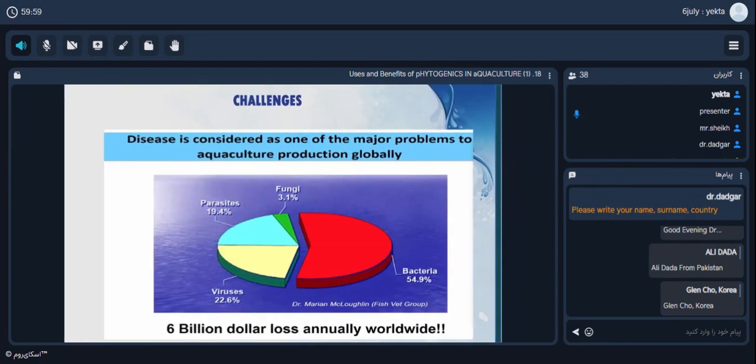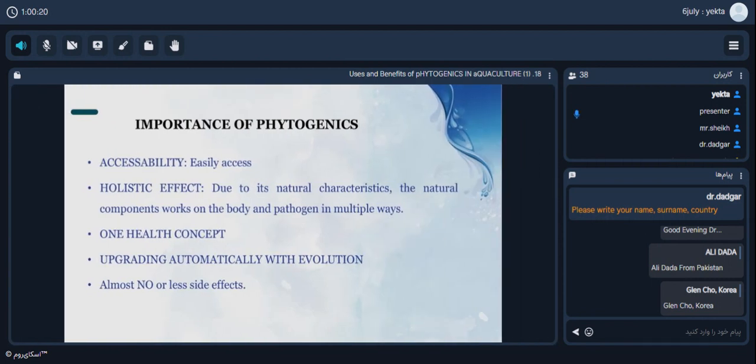The challenge, which I believe is most challenging, is disease. If you look at bacteria only, it covers almost 55% of the total disease, and virus about 23%, and the rest. And the loss is almost $6 billion per year. So what's the importance?